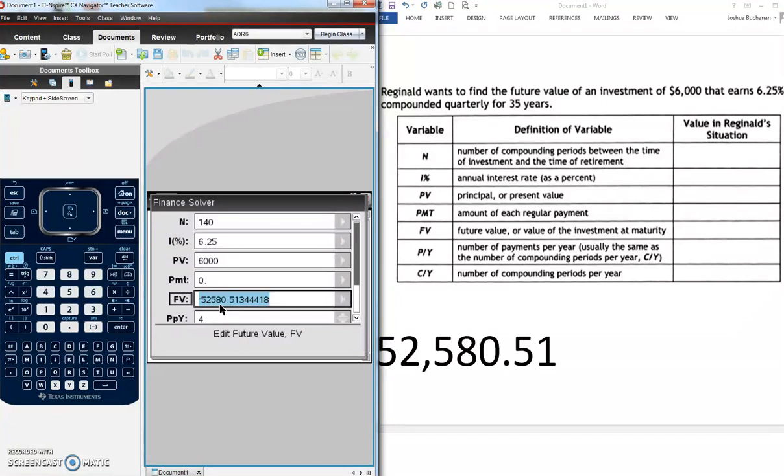So if I want to make this become a positive number, then I need to make this negative 6,000, go back down to future value and hit enter. Notice it's the exact same value except now the negative is gone. And that's because the programming requires present value to be negative to make future value positive, or vice versa.